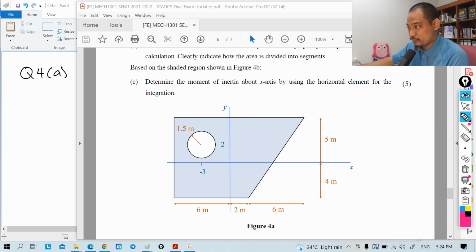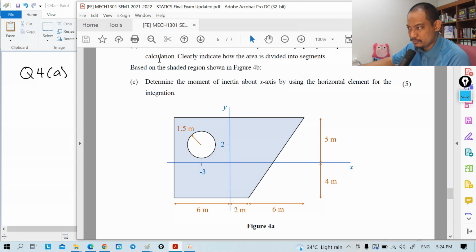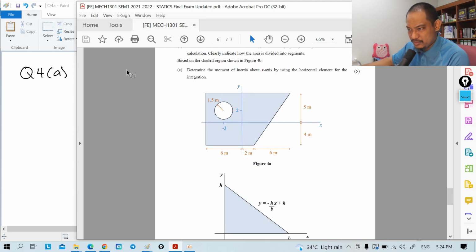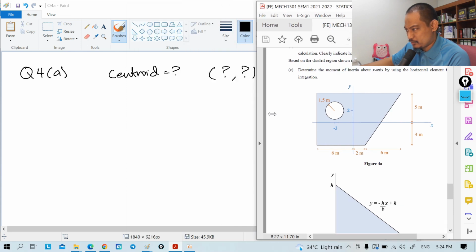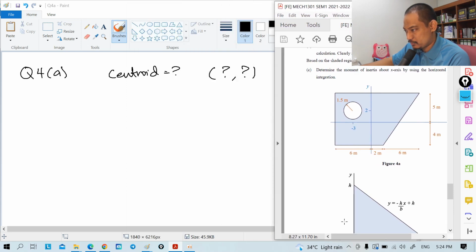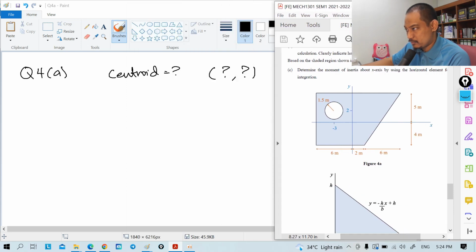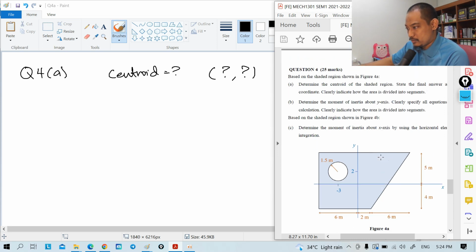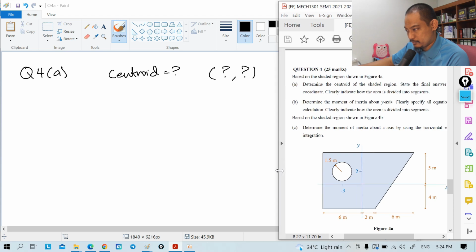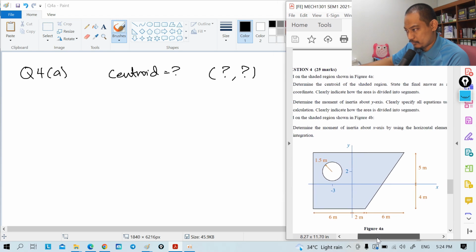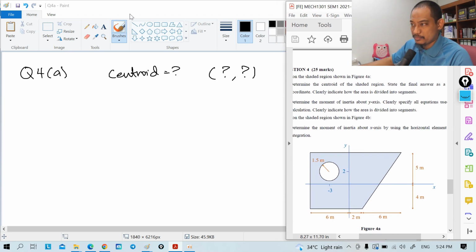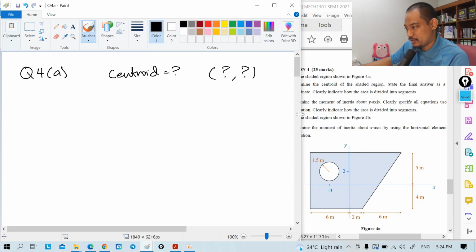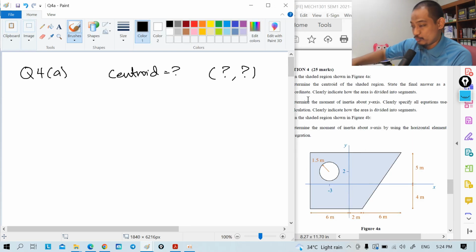Okay, so for this one, we have to refer to this figure, right? Based on that, we have to see it. All right, so how do we divide?